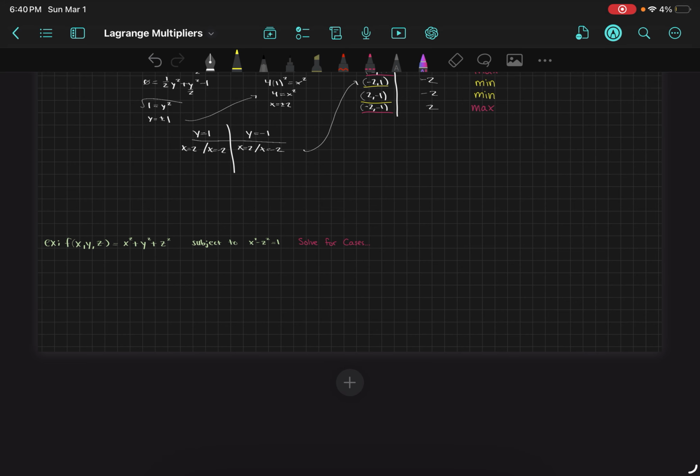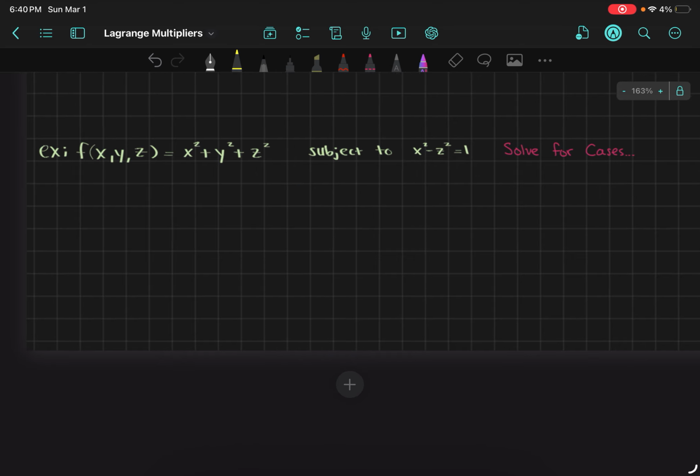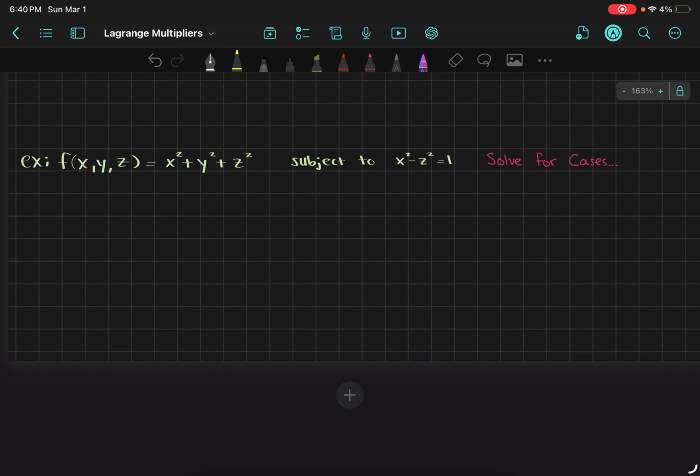Let's go ahead and do another example here where we're solving for cases. I might have to make another page for this one. Let's just do our process here.